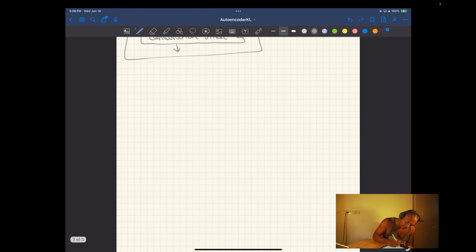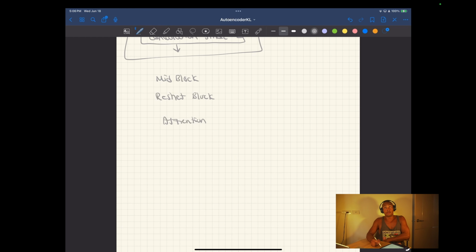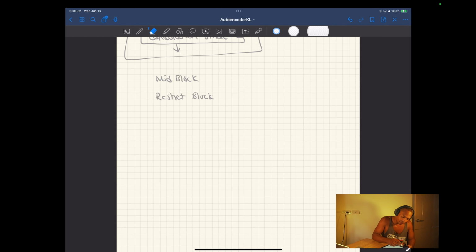A mid block is going to be a ResNet block, an attention, spatial attention, not a vision transformer, but spatial attention. And I'll show you the difference in code.